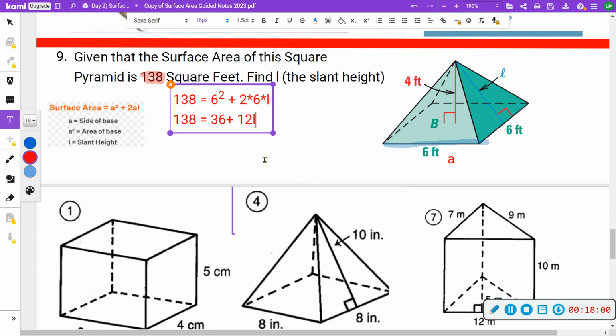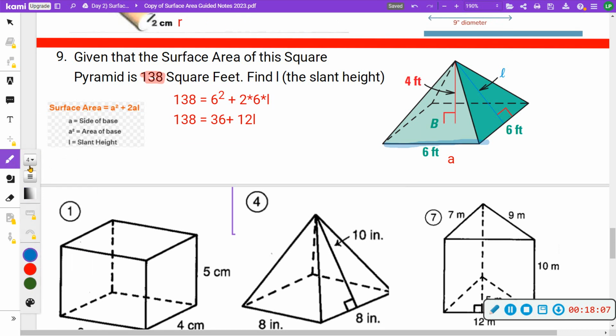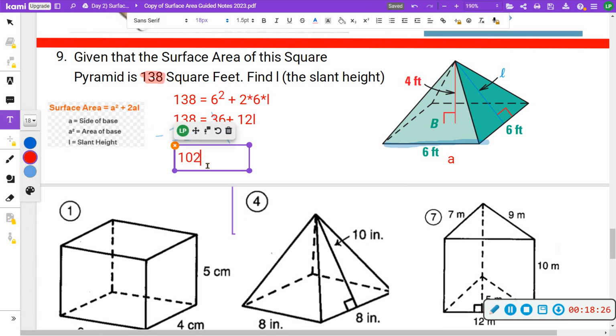From here we have an Algebra 1 question. I would subtract 36 from both sides. Get rid of that one. And now, let's see, 138 minus 36, that's easy, that's 102.